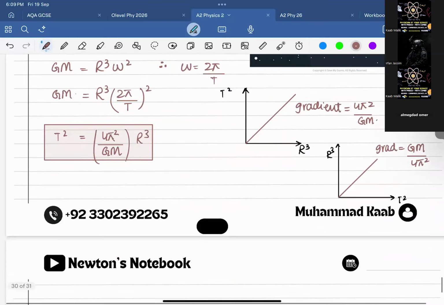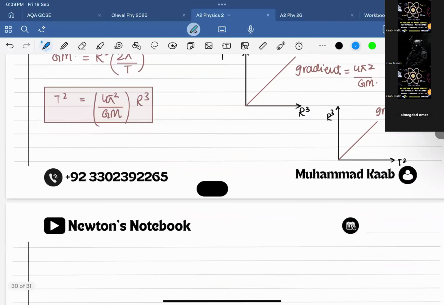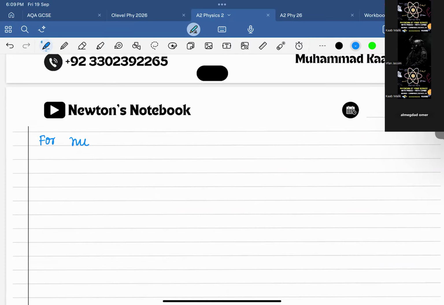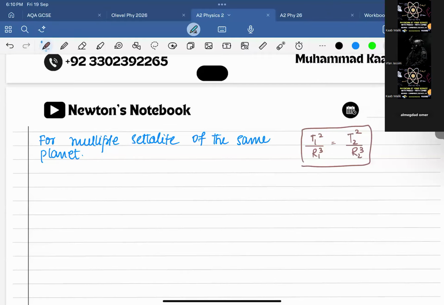And you can, by the way, relate the two values of T for one planet. If you have multiple satellites of the same planet, you can relate T1 squared over r1 cubed equals T2 squared over r2 cubed.